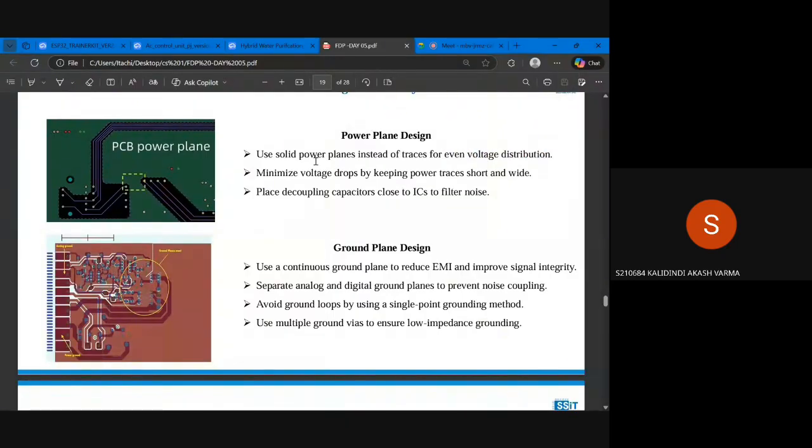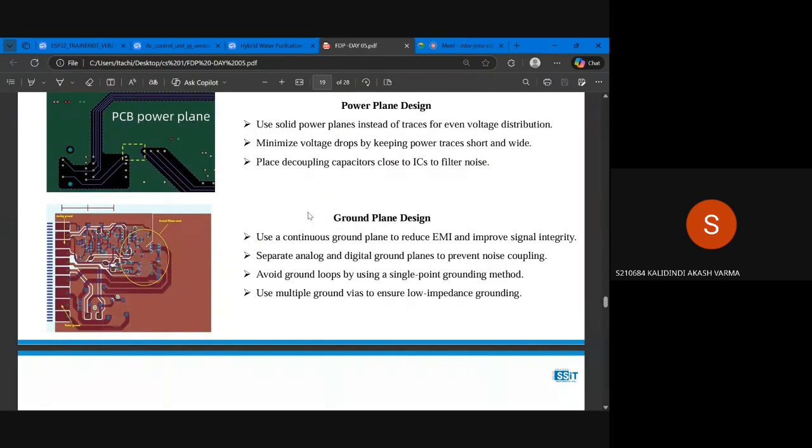If you go for a dedicated plane for power, there will be a chance for even voltage distribution, so that there will be minimal voltage drops. And again, we need to place decoupling capacitors as close as possible to all the power rated circuits to reduce the noise.